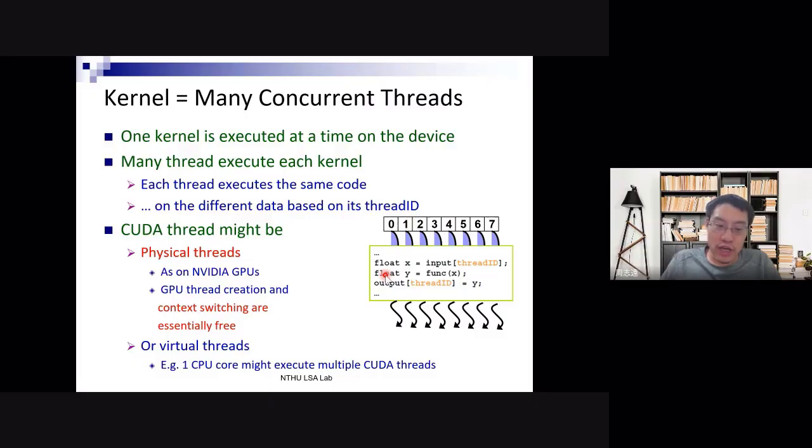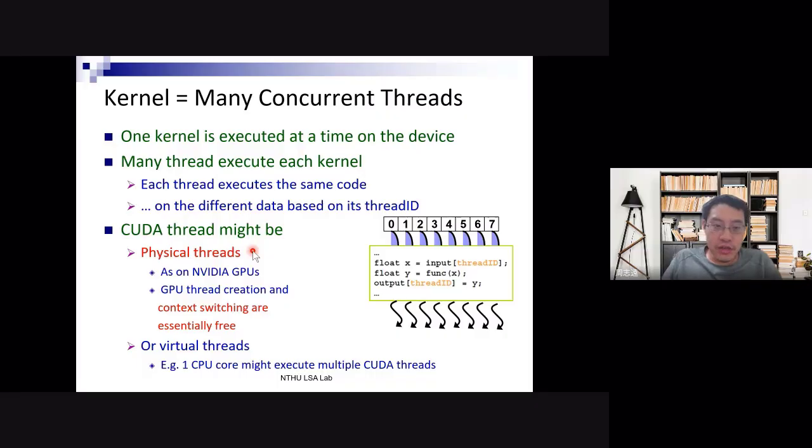That's why a thread on GPU is also called a physical thread, because it physically exists in the hardware. They actually don't share registers with each other. That ensures you can context switch very fast and very frequently among those threads, and hide the memory stall problem.